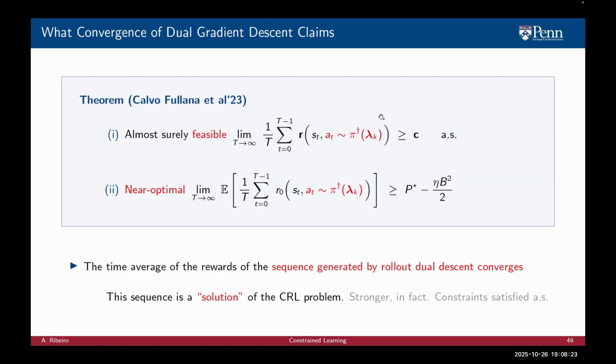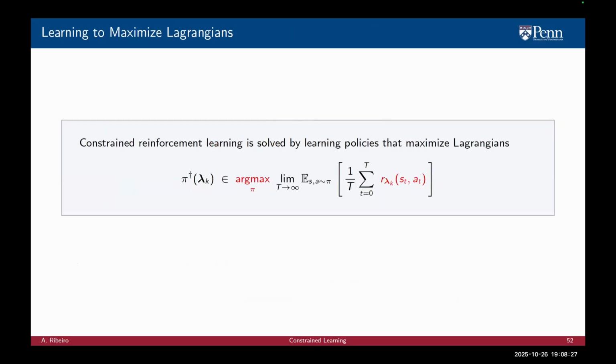But the sequence of policies does work. Which brings us to the proposed solution: in order to solve constrained reinforcement learning, instead of learning to solve the optimization problem, we can learn to maximize Lagrangians over a distribution of dual variables.